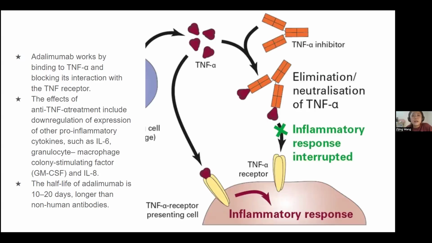And when adalimumab is introduced into your body, it can bind to the TNF alpha and stop the TNF alpha from binding to its receptor, so the inflammatory response can be interrupted, and no more inflammatory actions will happen at your joints.